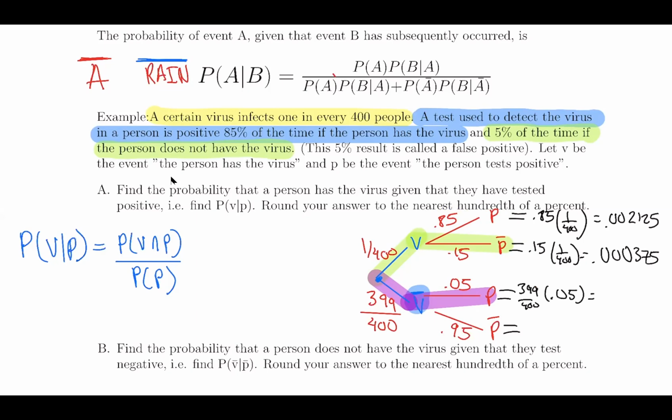So we'll say 399 divided by 400 times 0.05, and you get 0.049875.